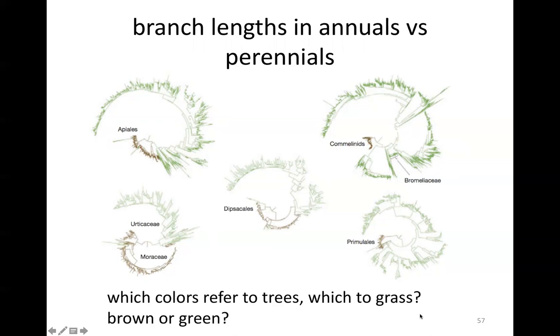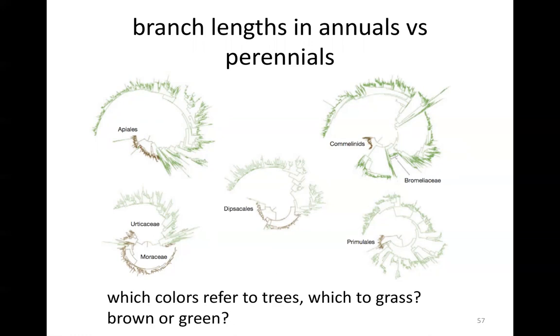Study this and try to guess: should the trees be represented by the brown branches or the green branches, versus the grass? And think of this question in the context of generation time.